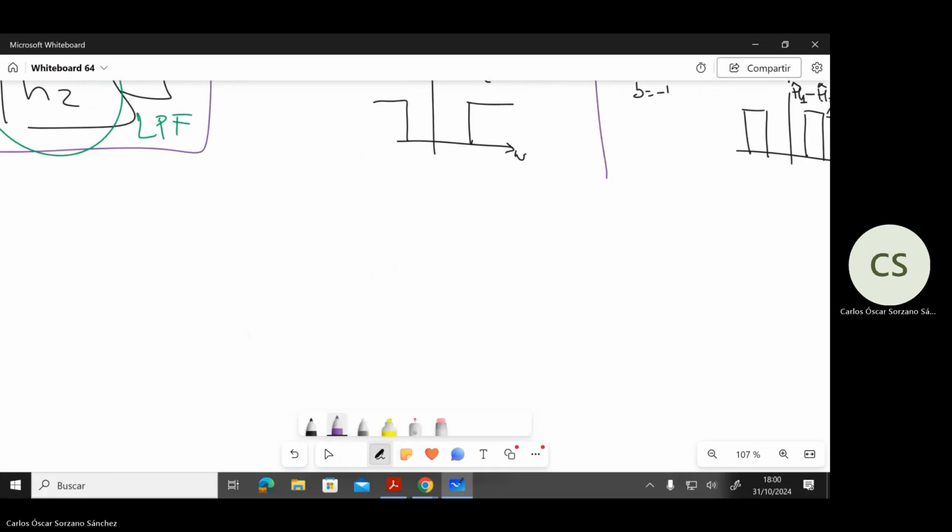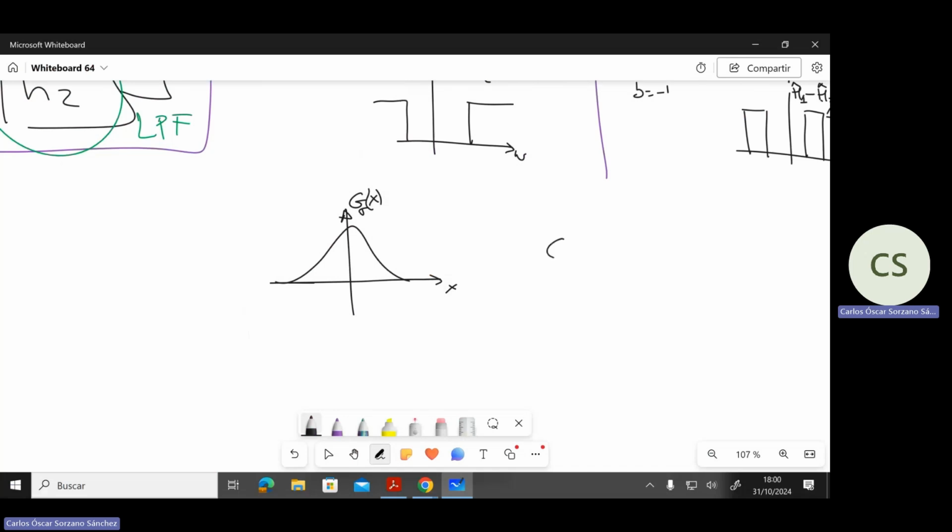So let's say that we have a function that is Gaussian of x, with some sigma. Then we can construct a 2D Gaussian.